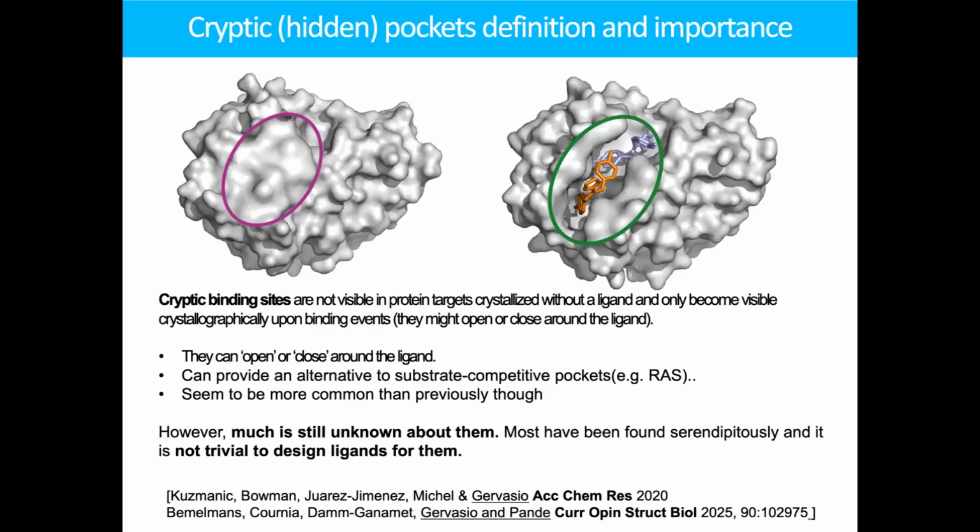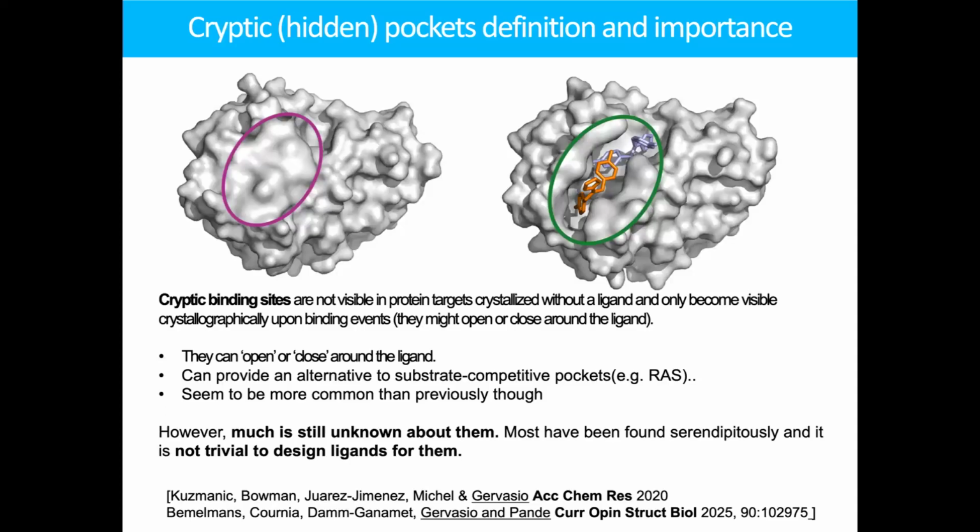Most of these cryptic pockets open like this one, with the creation of a cavity when the ligand binds. But there are some cases where the cryptic pocket actually closes around the ligand. This already creates a difficulty for many approaches, including computational ones, because an approach that works for opening a cavity does not necessarily work for closing a cavity around the ligand.